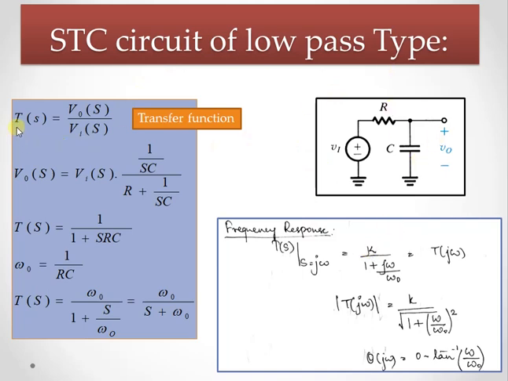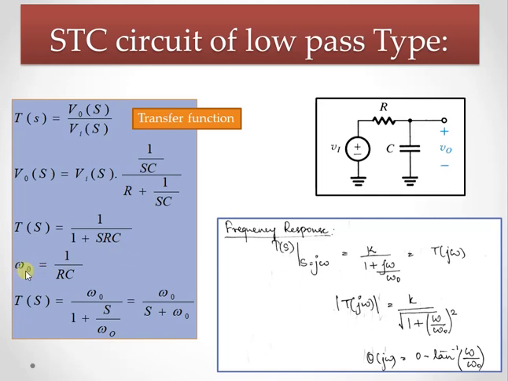Here you can see that T(s) is the transfer function, given by the output voltage divided by the input voltage, and I am measuring the transfer function with respect to s. So V0(s) is equal to Vi(s) multiplied by, by applying the voltage divider rule, since we have a capacitor, (1/sC) divided by (R plus 1/sC). Rearranging, I obtain 1 divided by (1 plus sRC).